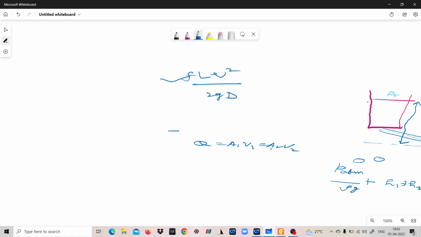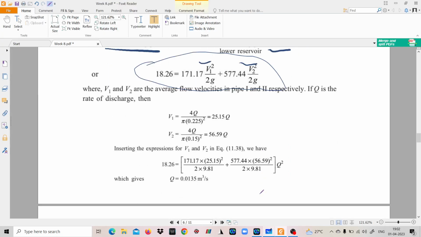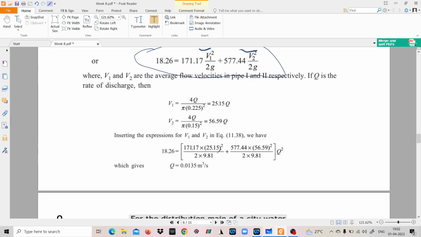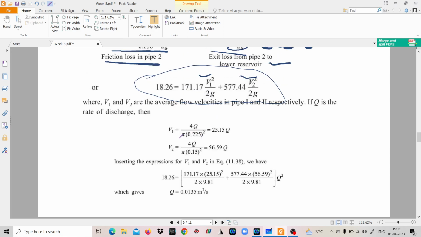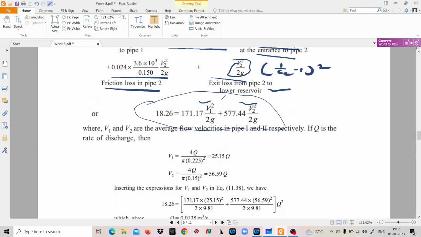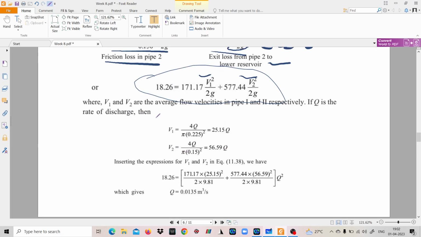A1 and A2 are known to you because you know the diameters of the pipes. So either V1 can be written as A2 V2 by A1, or V2 can be written as A1 V1 by A2. You can do either one, substitute in this equation, and get the value of V1. Or you can substitute in terms of Q also, that is your wish, but this is normal algebraic manipulation.